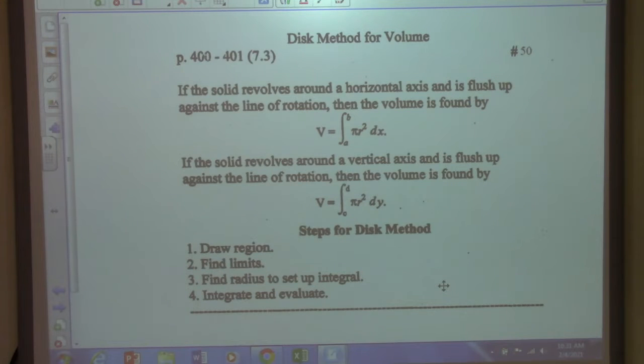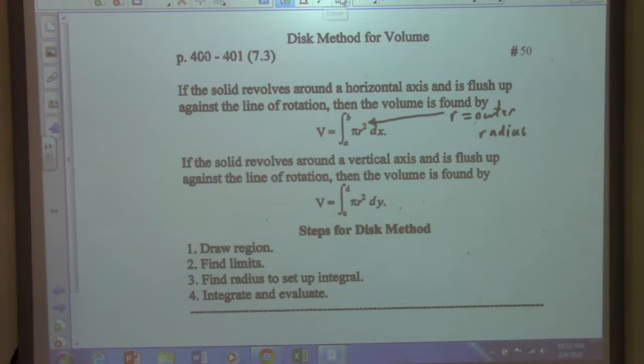What you have for this is the formula here, part 50. When you say R, you're talking about R squared. R is like an outer radius. So we take that radius of the curve and rotate it, and that's where we get our pi r squared.